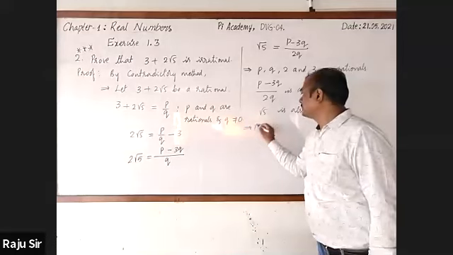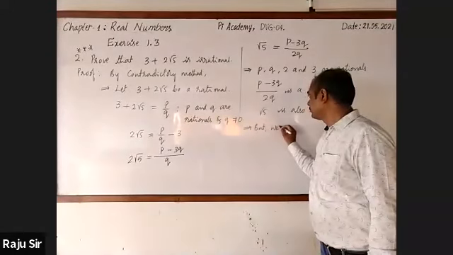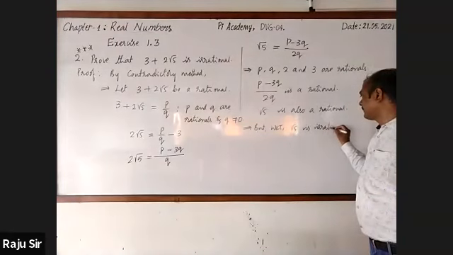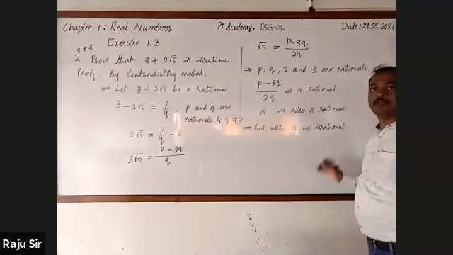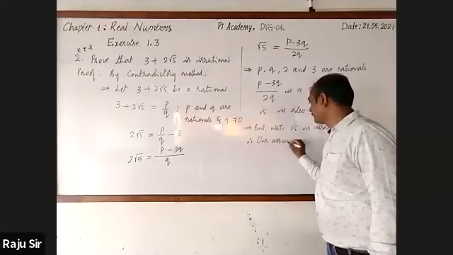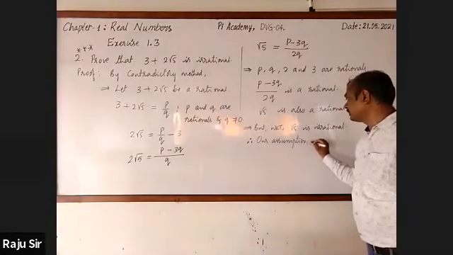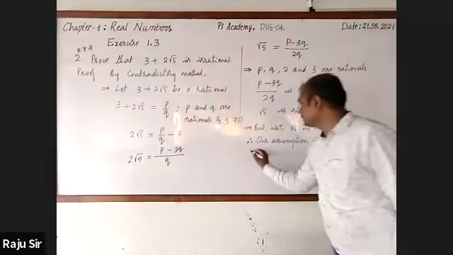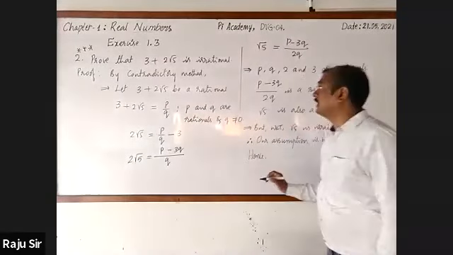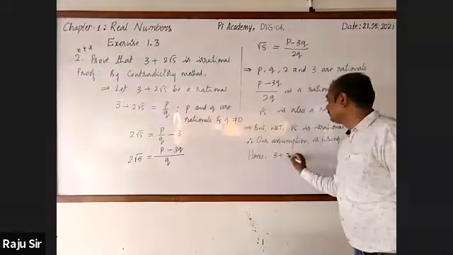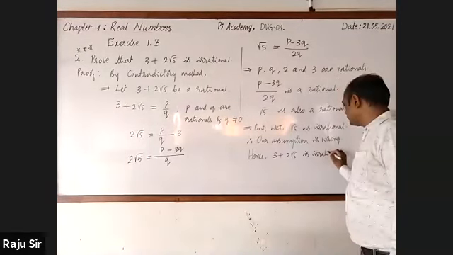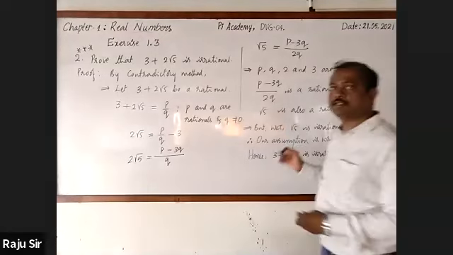But we all know that root 5 is irrational. Therefore, our assumption is wrong. Hence, you can write the final conclusion as 3 plus 2 into root 5 is irrational. Hence, it is proved.